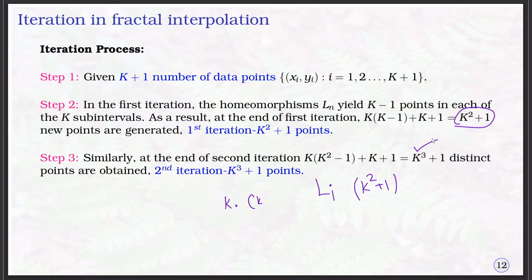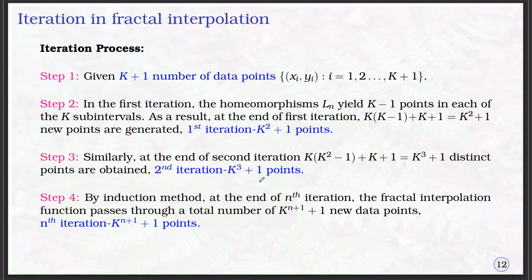Therefore one can get k power 3 plus 1 distinct points after the second iteration. So if you continue this process, after the nth iteration the fractal interpolation function generates k power n plus 1 new data points.